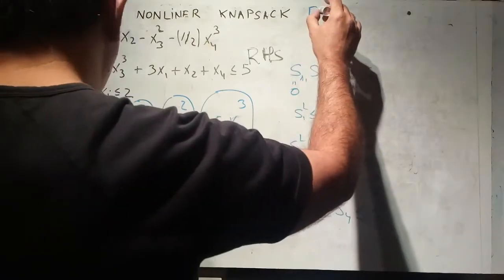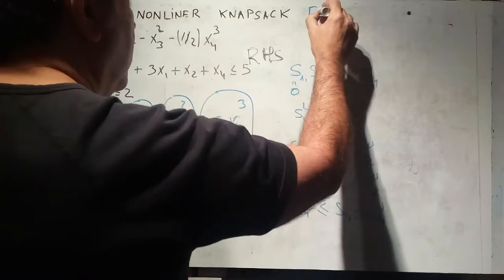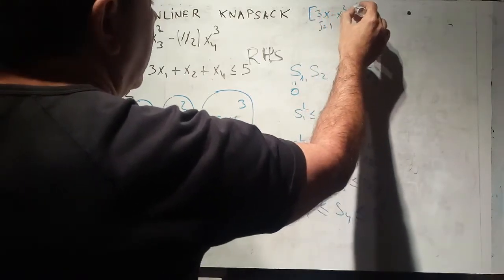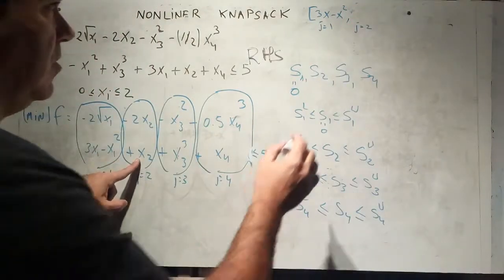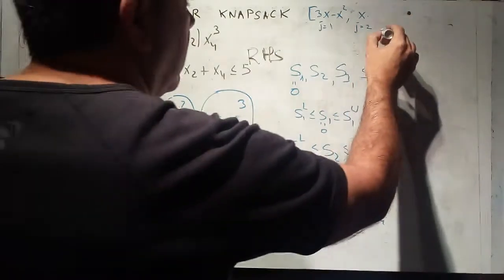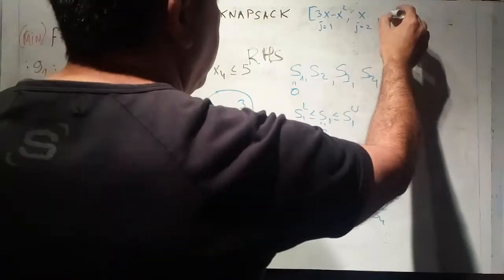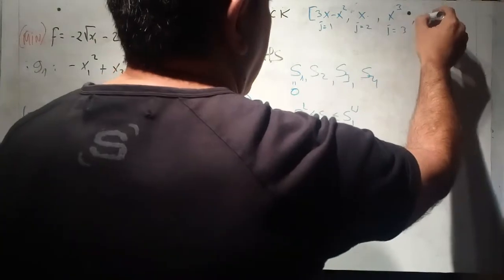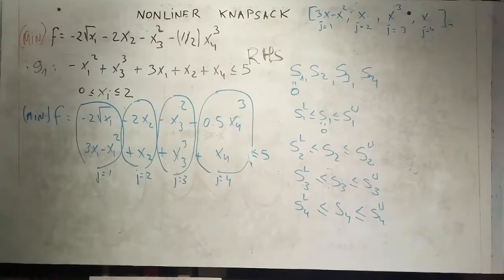So I can put here that for j being 1, this will be 3x minus x squared, comma, for j being 2, this would be x simply, comma, for j being 3, this would be x cubed, and for j being 4, again x. So this is going to be our vector.